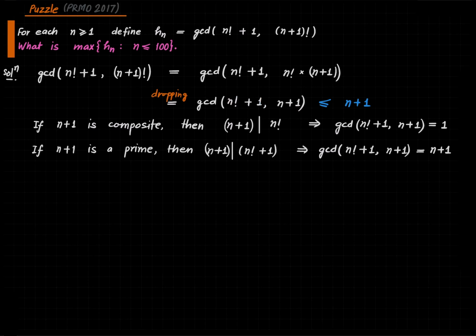So whatever n you choose, you cannot get a GCD bigger than n plus 1. But if you substitute n as 100, you get GCD as 100 plus 1, namely 101. So that is the best. So your answer is 101.